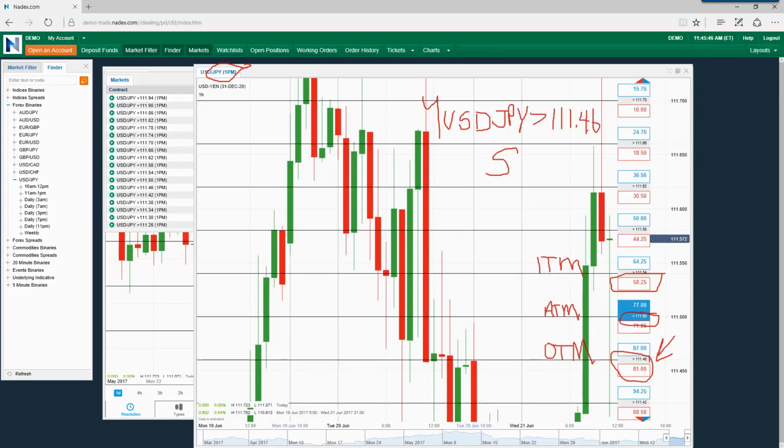Jimmy, normally the at the money will be the same regardless of whether you're buying or selling. I have seen exceptions to that. Because I do it by risk, let's just say that it's trading right here in the middle. Then this may be your $50 risk area for a long, but your $50 risk area for a short may be down here.